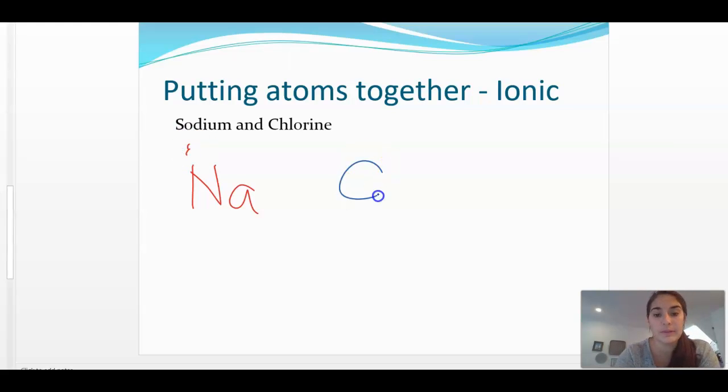Then we have chlorine. Chlorine ends in 2s2, 2p5. So 2s2, 2p 1, 2, 3, 4, 5. That shows us that we have this empty space left right there on that chlorine.